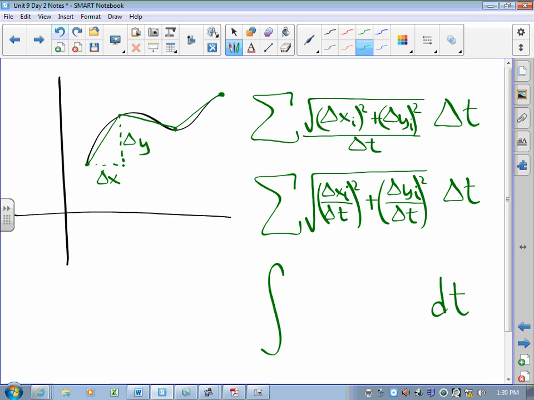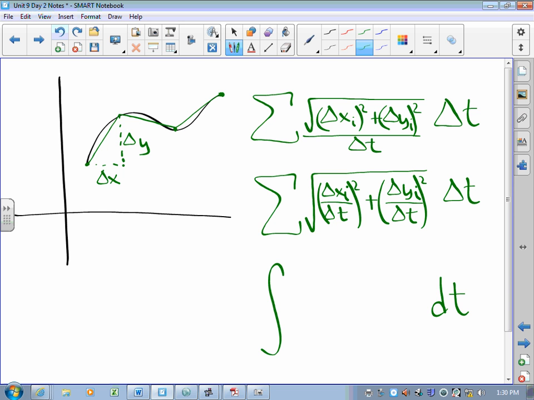And so what's going to end up happening, as what always happens when we're creating a definite integral, is we take smaller and smaller line segments that approximate the curve. We have more and more of them. We get infinitely many, infinitely small line segments.